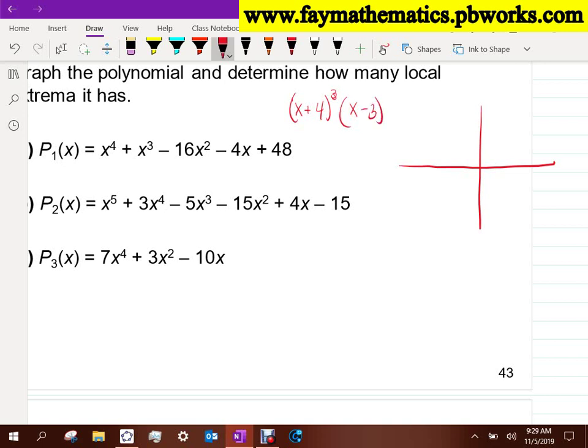If I FOIL that, will that be x to the 4th? So that means negative 4 is going to have a cubic behavior, right? So negative 4 is actually going to look something like that. Does that make sense? At positive 3, we have a linear behavior, so it's going to look something like that.